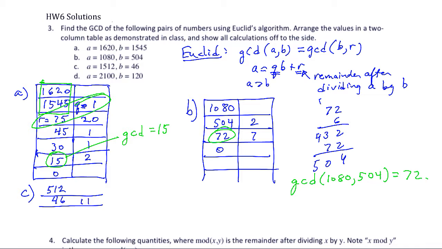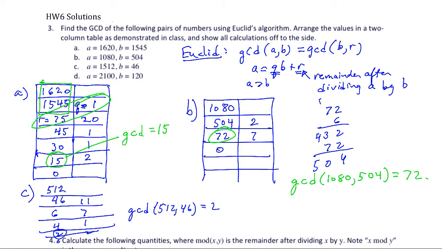So it's 11 times with the remainder of 6, because 512 minus 506. 6 goes into 46 7 times. 6 times 7 is 42. 46 minus 42 is a remainder of 4. 4 goes into 6 once with the remainder of 2. 2 goes into 4 twice with the remainder of 0. And the GCD is the number right above the 0, which is 2.